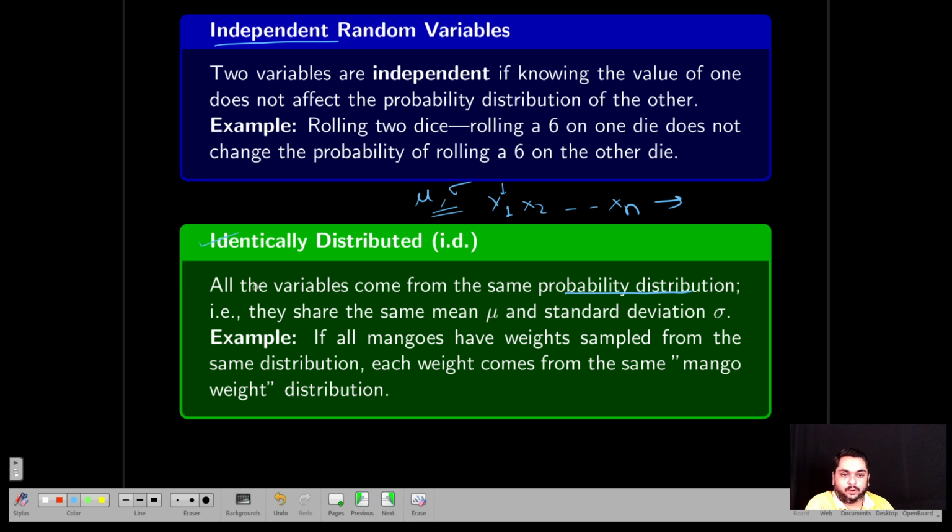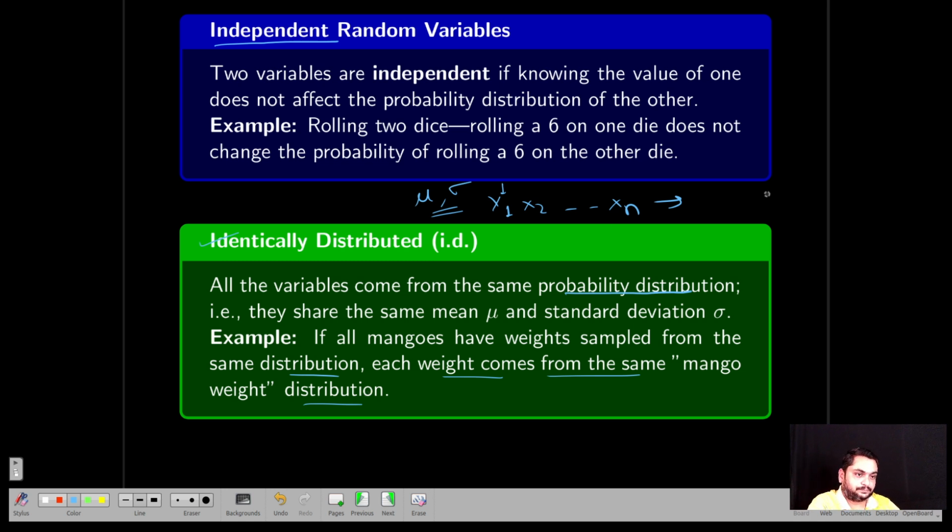For example, if all mangoes have weight sampled from the same distribution, each weight comes from the same mango weight distribution. See, there are different types of mangoes in the world: type 1, type 2, type 3. They are not all of the same size, right? For example, type 1 mangoes will be small, and in type 2 the mangoes may be large. So these are different distributions. If I take some 100 mangoes and find the average weight, all the mangoes should come from type 1.